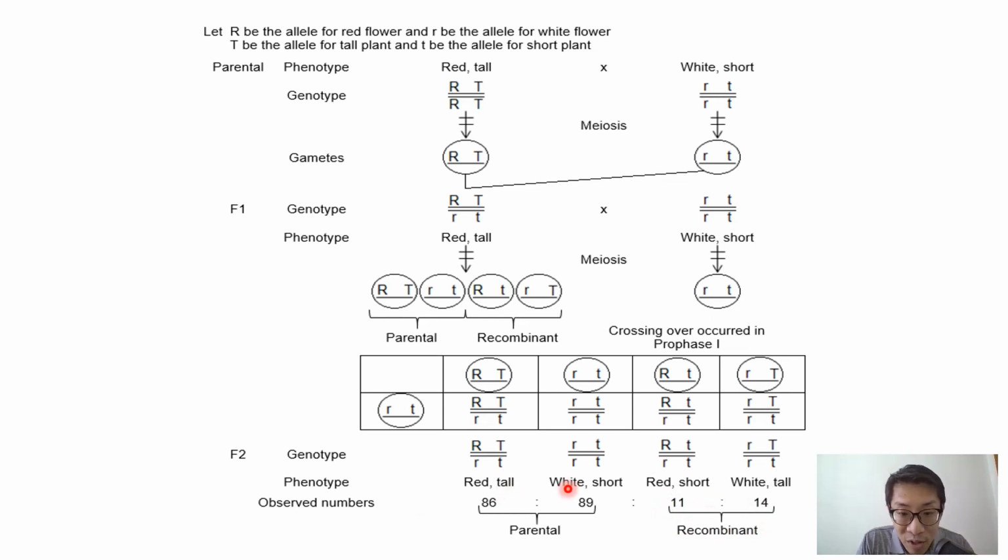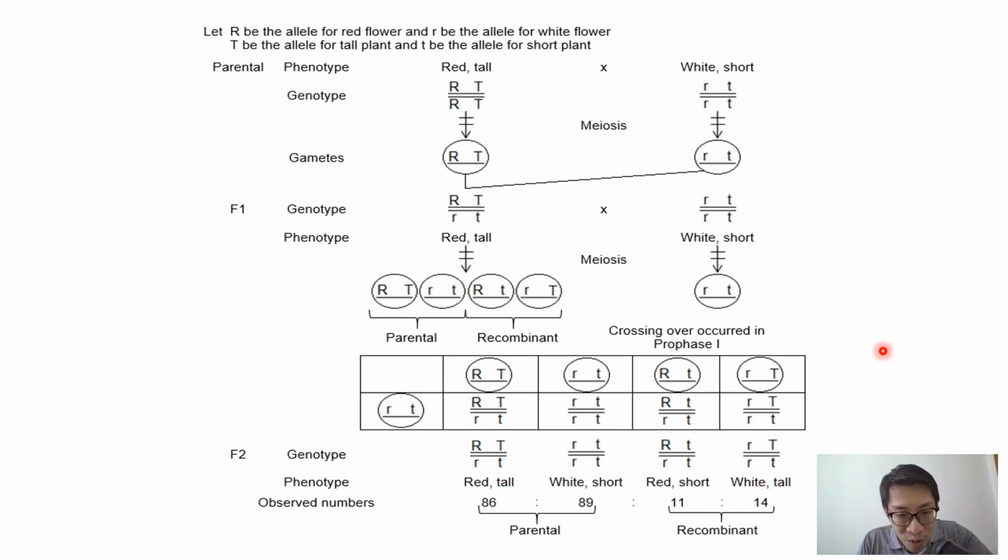Because these 2 phenotypes come from these 2 parental gametes, which are more likely to be formed during meiosis by the F1. So these 2 are the parental phenotypes, same as our parent, red and tall and white and short. And these 2 are the recombinant phenotypes, which are fewer in number.